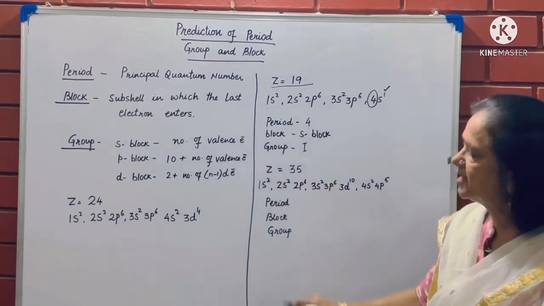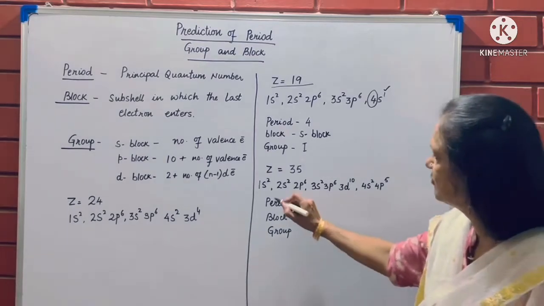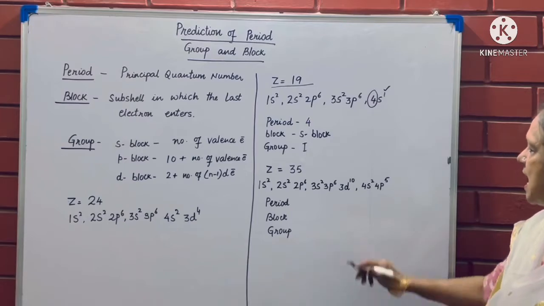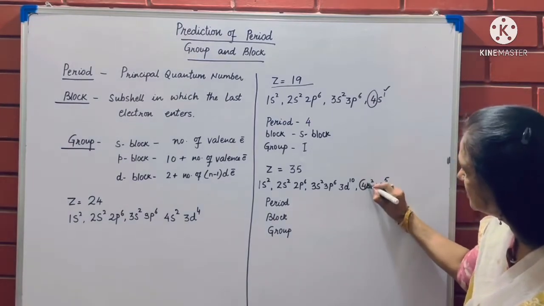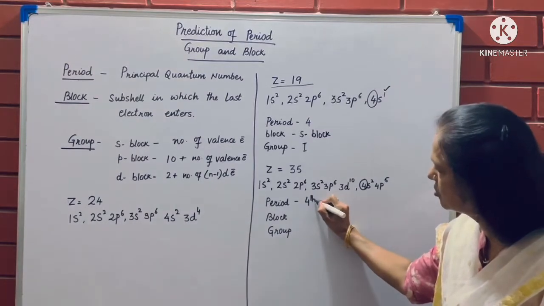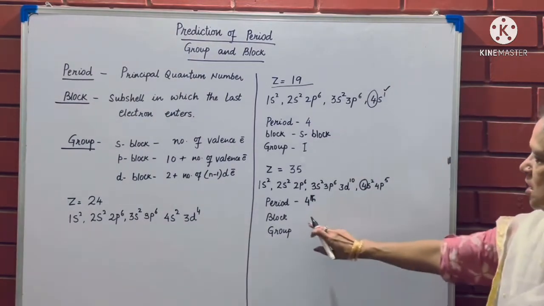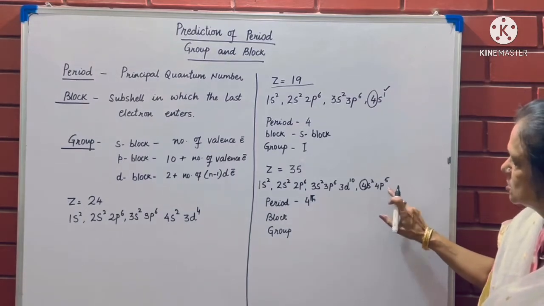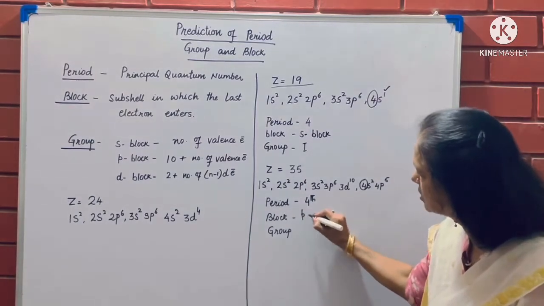Suppose I had taken Z equal to 35. If I write the electronic configuration, this is the electronic configuration, and this again tells me the 4th period. So it is in the 4th period of the periodic table. Block: the last electron went into the P subshell, so it is a P block element.